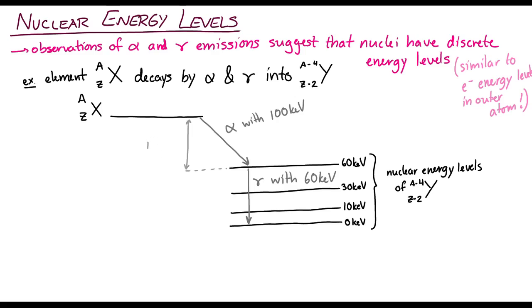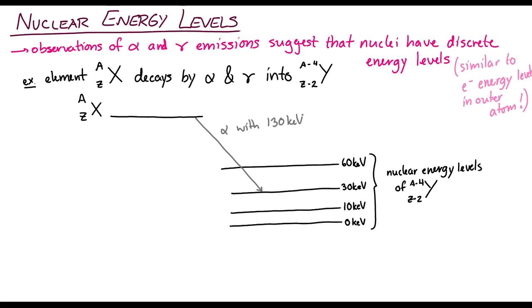Or we could have an alpha emitted with 130 keV and then get a gamma with 30 keV coming out. Or we could have an alpha taking out 150 keV of energy with it, and then a gamma emitting 10 keV. Or we could just get a single alpha going 160 keV.